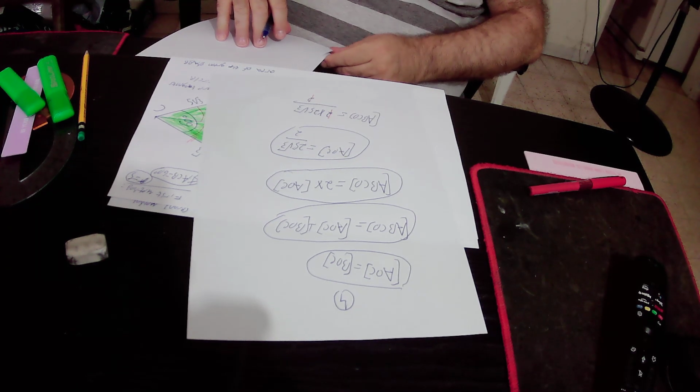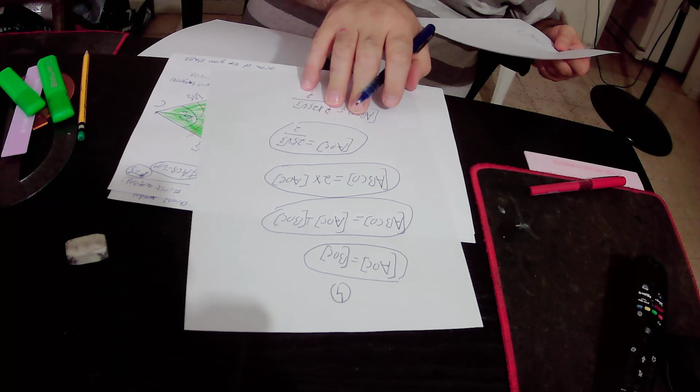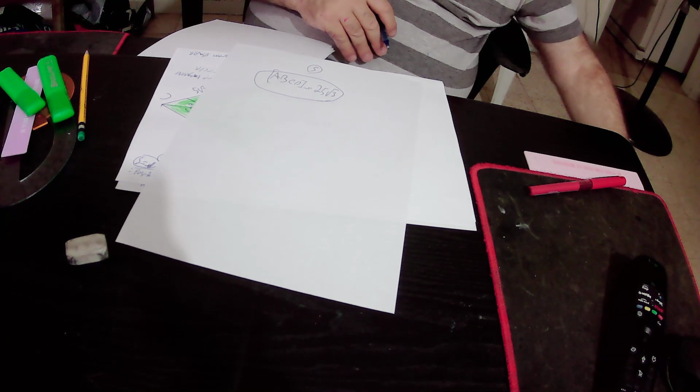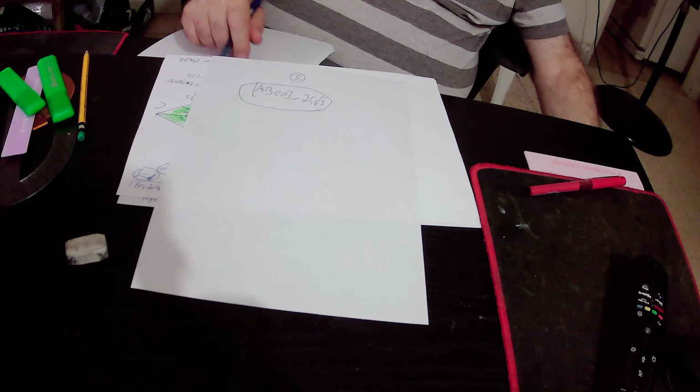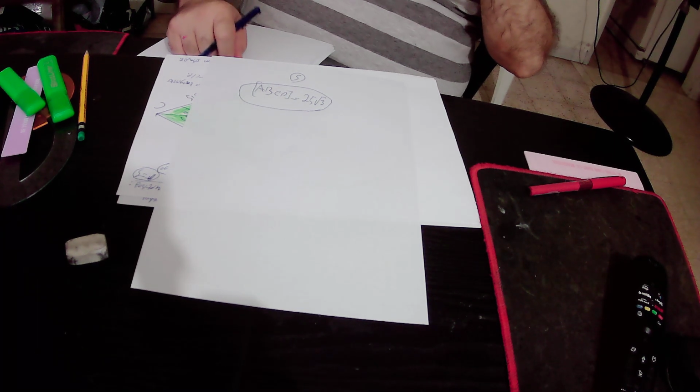Okay? The area of quadrilateral ABCO equals 25 times root 3 square units.